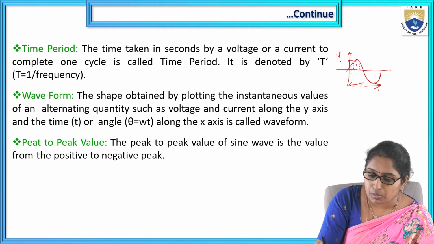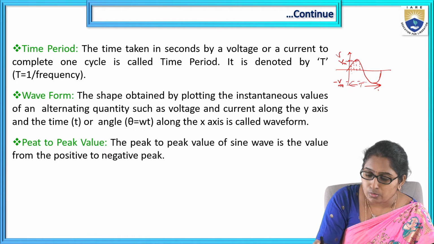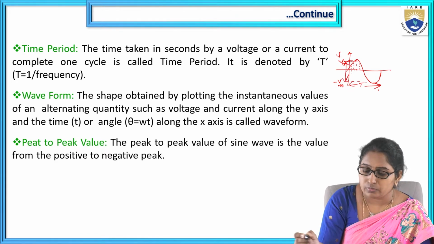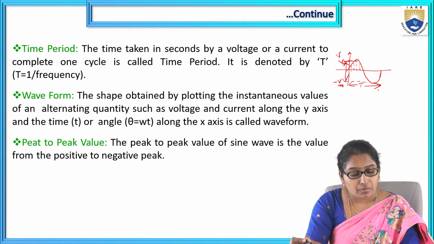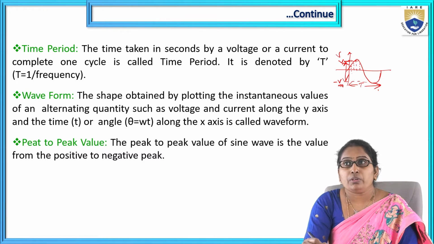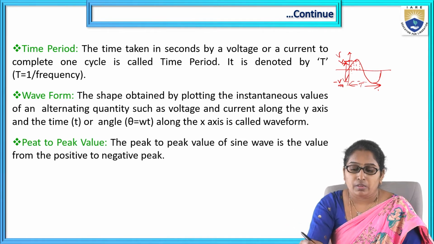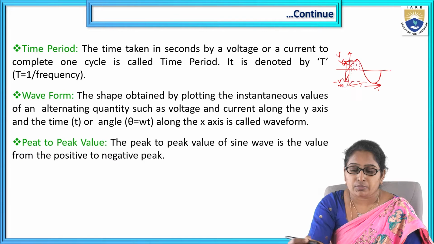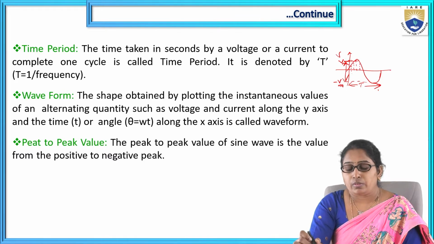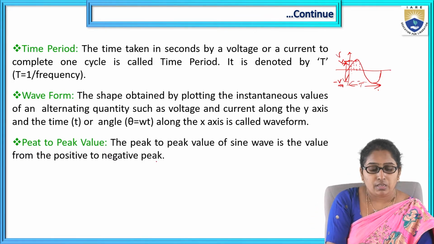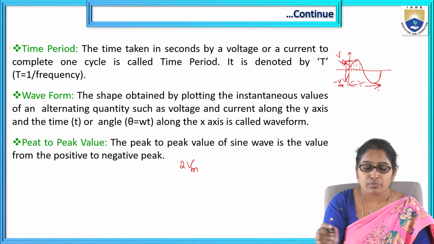This is the positive peak, Vm, and this is the negative peak, minus Vm. So from plus Vm to minus Vm, the peak to peak value is given by 2 Vm, two times the peak value.